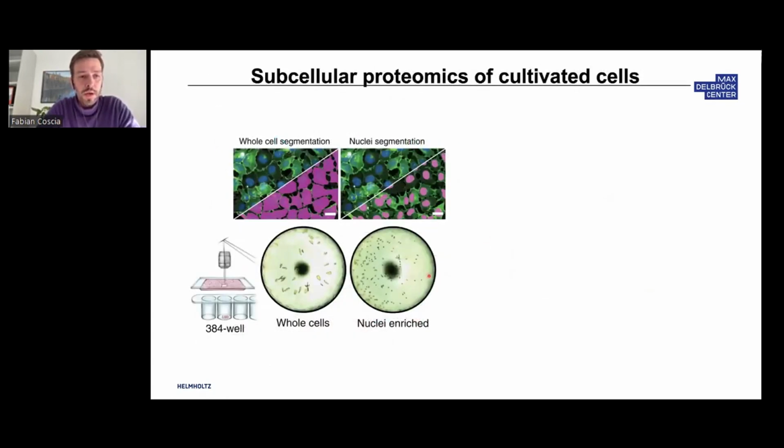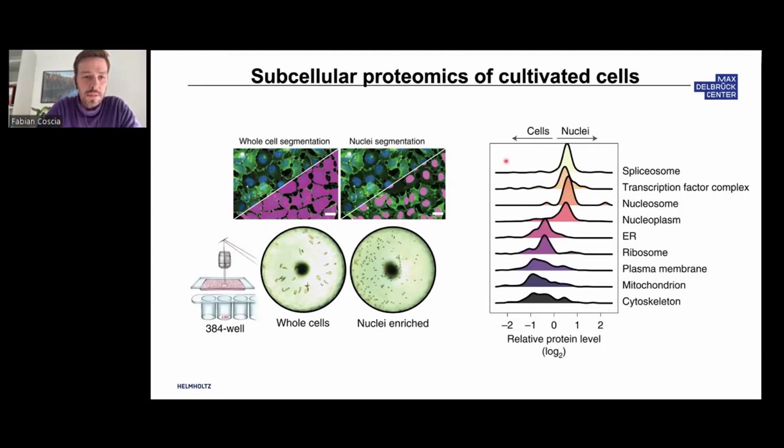Just one slide on the versatility of the platform. We could also show that the Deep Visual Proteomics pipeline can be used in combination with cell culture, with preclinical models. For instance, in this example, we could show that not only can we isolate individual whole cells using our segmentation algorithms, but we can also do the same for nuclei, a subcellular fraction of the proteome.